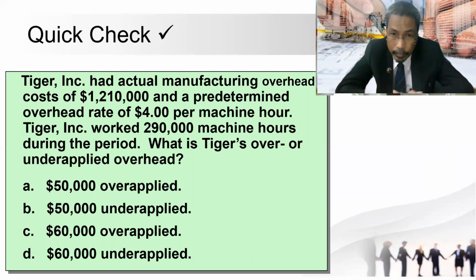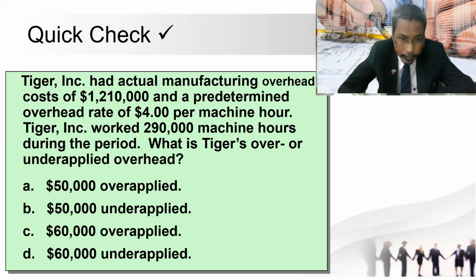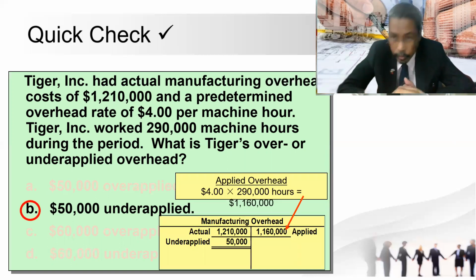So 50,000 is the difference. So 50,000 difference, that is under applied, because our estimate is lower. So the answer is letter B, under applied by 50,000.